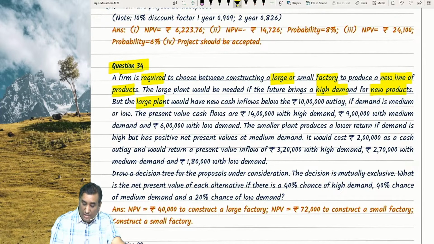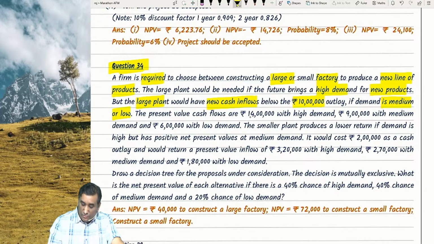But the large plant would have net cash inflows below rupees 10 lakh outlay if the demand is medium or below. It means if you build a large plant, outflow is 10 lakh, inflows would be lower if demand is medium or low. That means three types of demand could be there: high, medium or low.